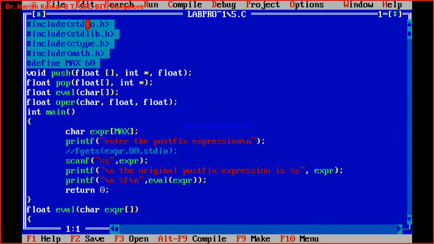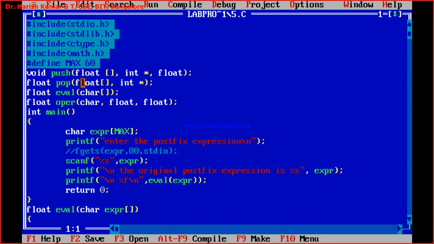We have stdio.h included, and then stdlib.h, ctype.h, and math.h are also used here, and the maximum size of the stack we are taking as 60. The character array is for reading the postfix expression, so the maximum number of characters in the postfix expression which you are reading is 60. And then these are the function prototypes.